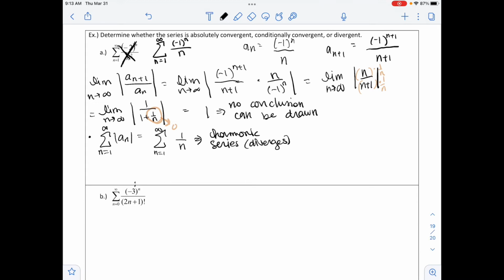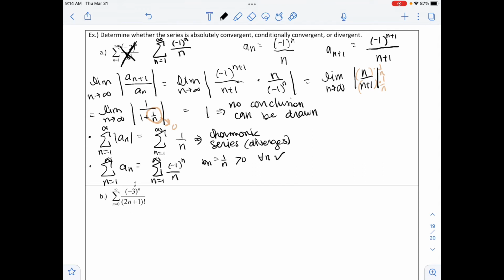And then we also are going to look at the sum from n equals 1 to infinity of a sub n, which is the sum from n equals 1 to infinity of -1 to the nth power over n, which again is alternating. And to use the alternating series test, we need to look at b sub n. And b sub n in this case is just 1 over n. And it would be greater than 0 for all n.